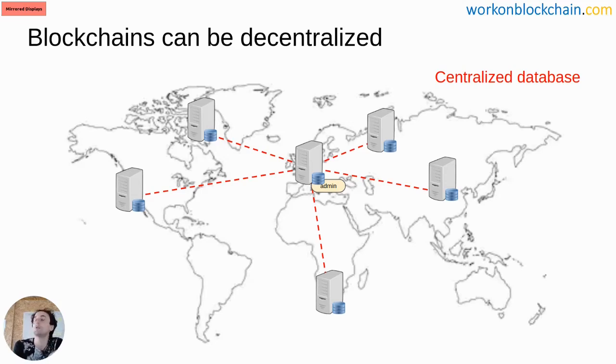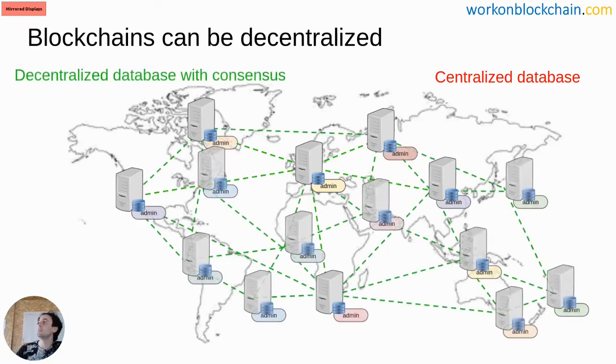There was no technical way around this. So what blockchains allowed us to do was to have a database that was not run by one entity. And you can configure who runs it now in a way that's not technically centralized. And that's what this blockchain data structure that we're going to learn about allows you to do.